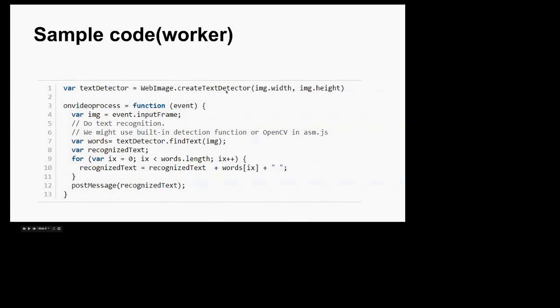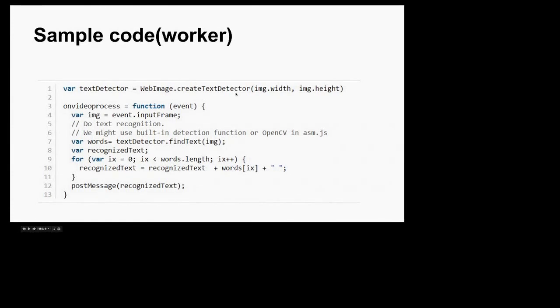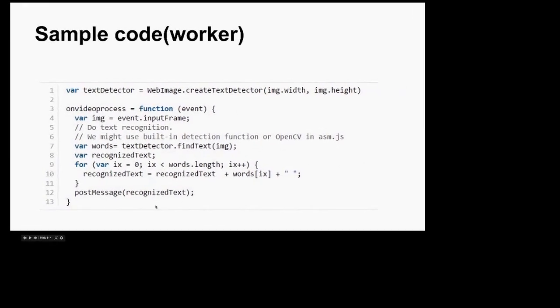So we can create a text detector, or we can use asm.js to create some image processing engine. And then we will get the event and get the input frame. We can call a library to process the frame. And you will get the result and post the result to the main JavaScript file.